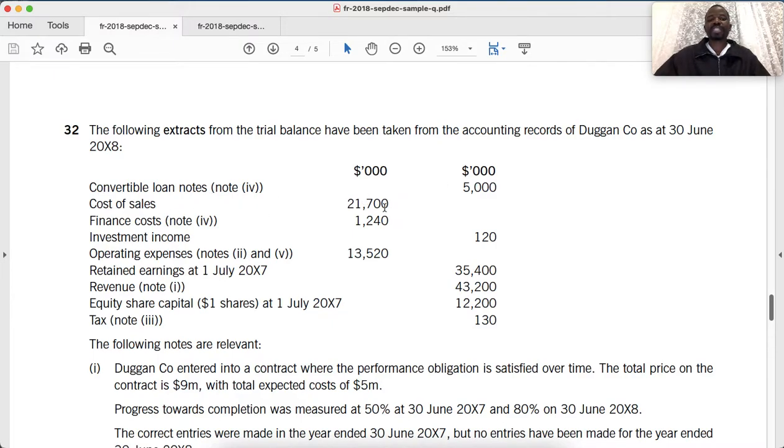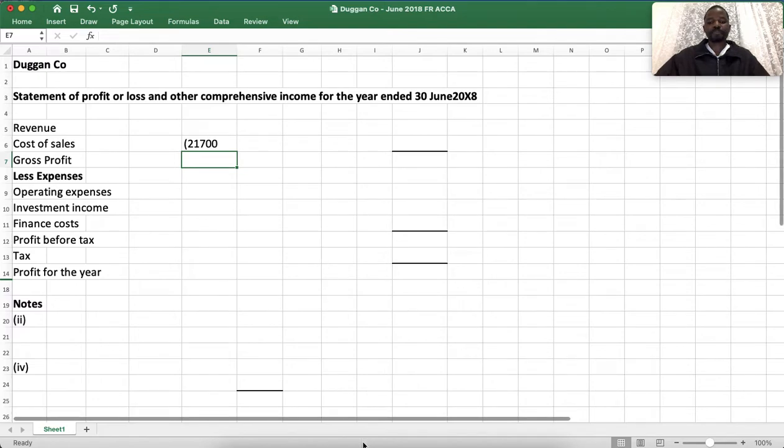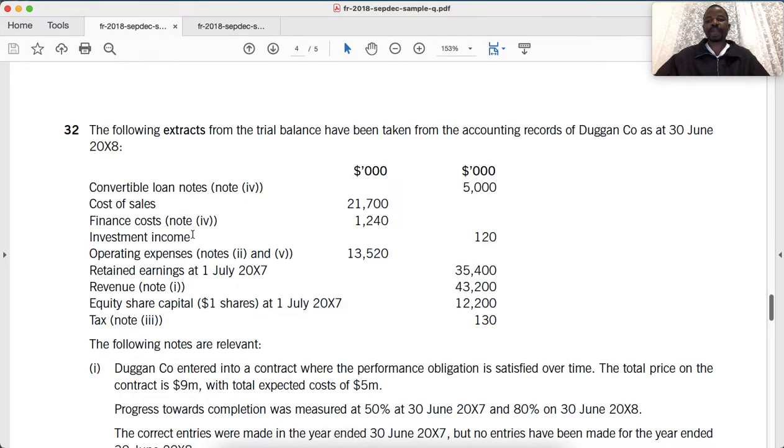The cost of sales, they do appear in our statement of profit or loss of 21,700. So let's go to our statement of profit or loss. We open our bracket, we say 21,700 like that.